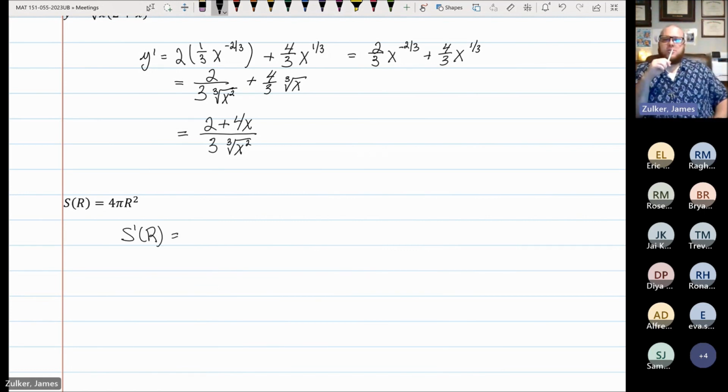S prime of R. Well, isn't 4 pi a constant?